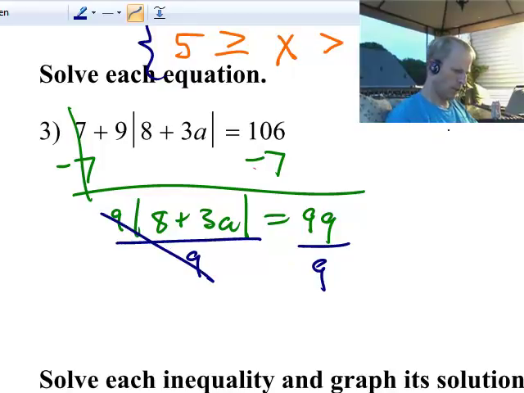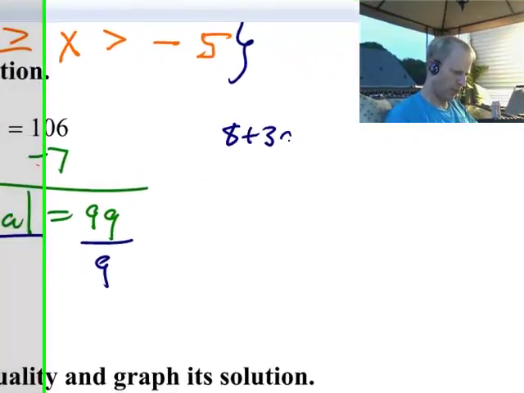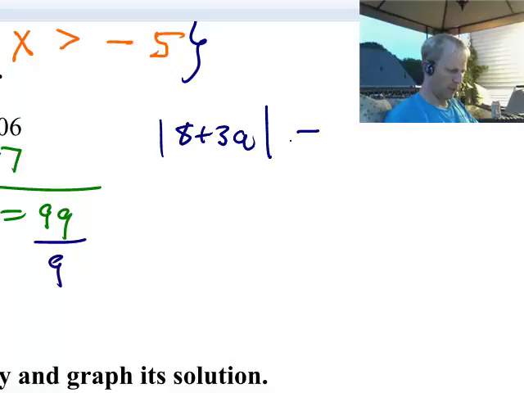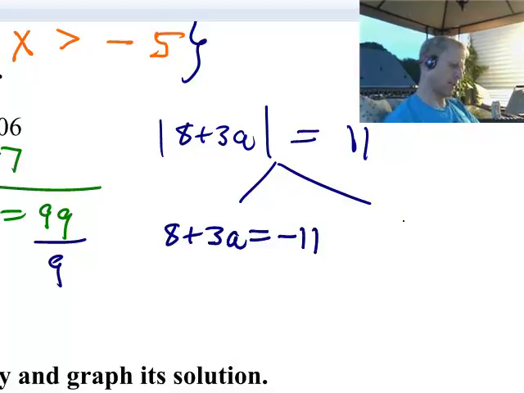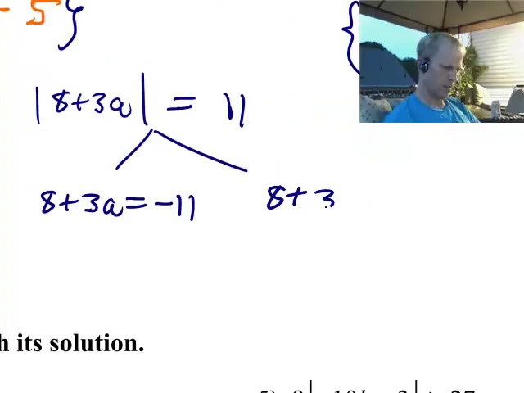And now that's going to give me 8 plus 3a equals 11. Alright, now that I have the absolute value expression isolated, I write two new equations. And one of them is going to look like that, and the other one is going to look pretty much like the original.